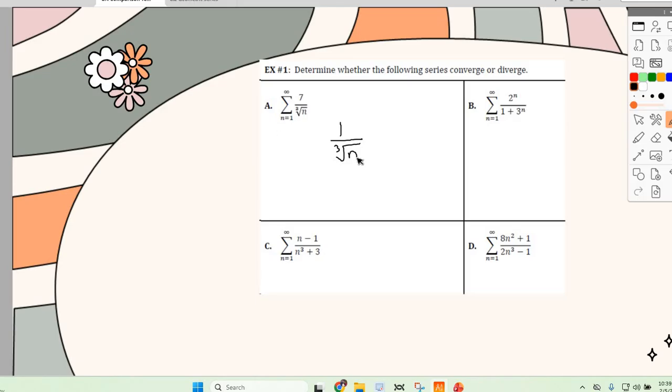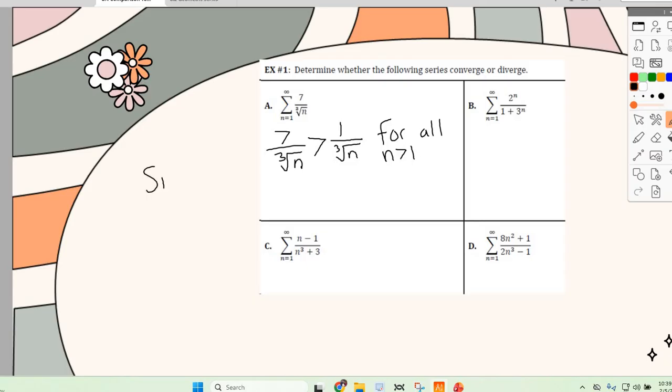So we can confidently say that 7 divided by the cubed root of n has to be greater than that. And so if my 1 over the cubed root of n diverges, my original is bigger than that for all of my n, so it will also have to diverge. So we are going to say for n greater than 1.